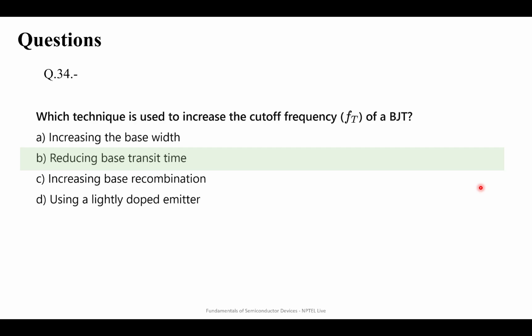As we discussed just now, the lesser the transit time, the higher would be your cutoff frequency. How can you reduce your base transit time? The best way is to reduce the recombination in the base, which can be done by either a smaller base width or lesser doping.